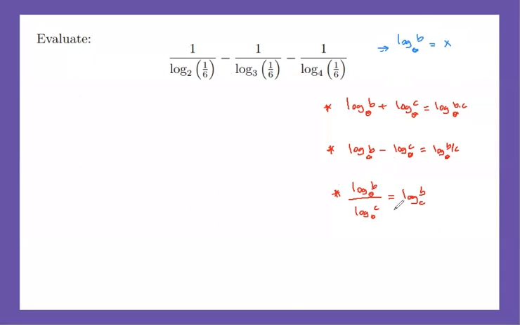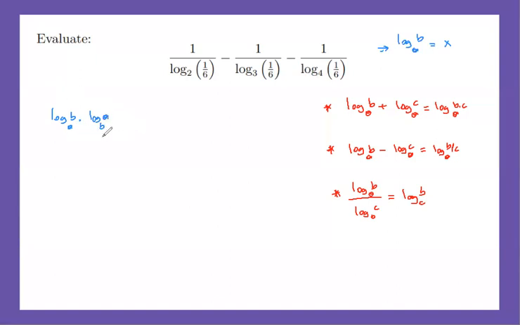Now I do have the base change. I'm going to use this to make a nicer relation. If I have log base a of b, I will try to see what is the product of this number with the logarithm base b of a.